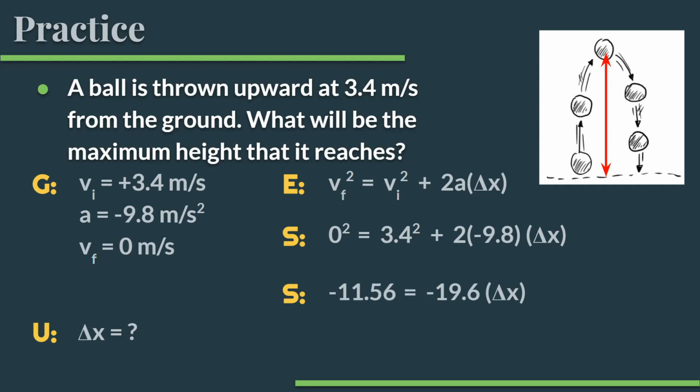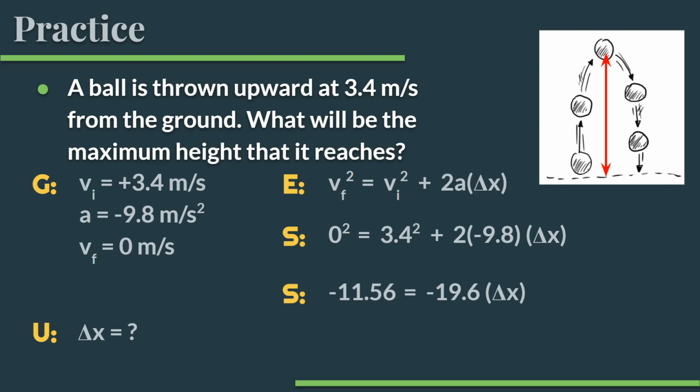Okay, and 2 times negative 9.8 is negative 19.6. I've already actually rearranged it a little bit because when I squared that 3.4, I went ahead and subtracted it to the other side. So 0 minus 11.56 is negative 11.56, and that's equal to negative 19.6 times delta x.